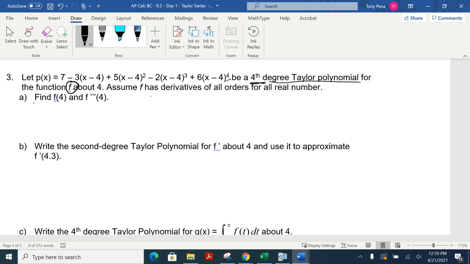Assume f has derivatives of all orders for all real numbers. If you understand what we are doing, f of 4 is very, very easy. f triple prime of 4 is also pretty easy, but you might not think it's easy just yet. So find f of 4. That, if we're understanding, couldn't get any easier.